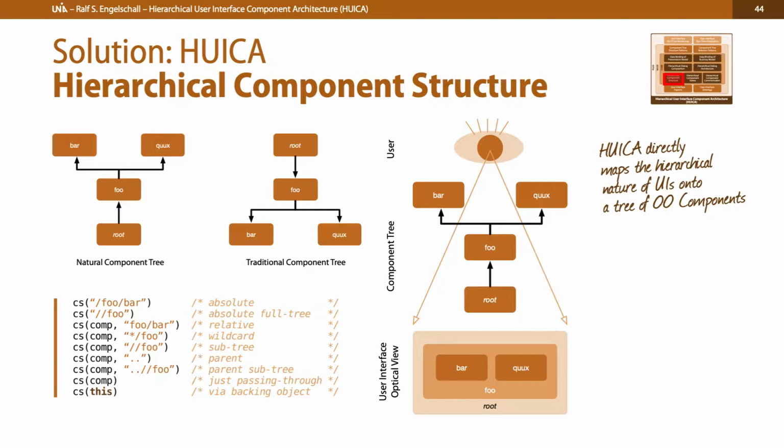This can be an absolute path, or it can scan a whole subtree. It can be relative, it can use wildcards, and a lot more things. And this is actually the flexibility of HUICA on the implementation side. That is, one can more or less treat the components like files on the file system.